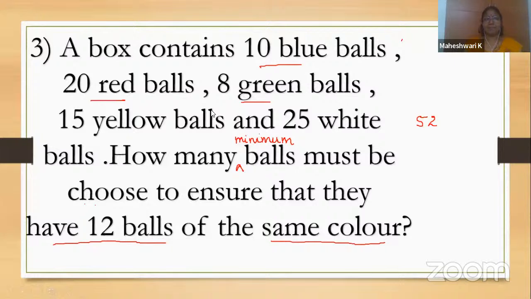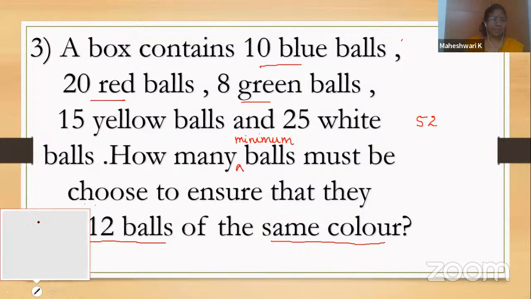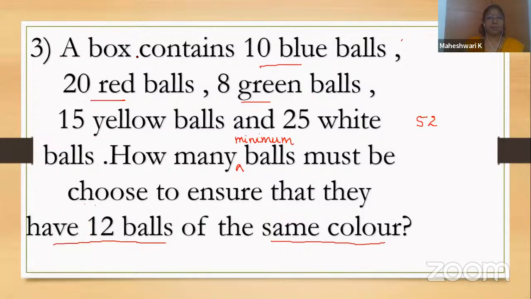If I had taken, say, 45 or 50, 55, what could it be? 20, 25, and 15. So what would be the next? Anybody who can help out or explain it? Or shall I just go ahead?